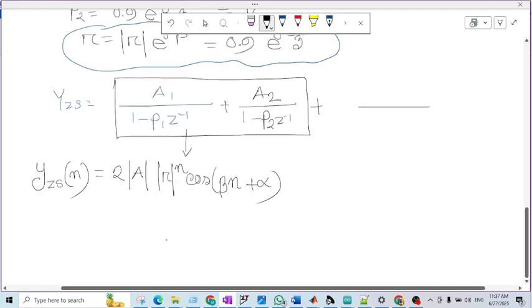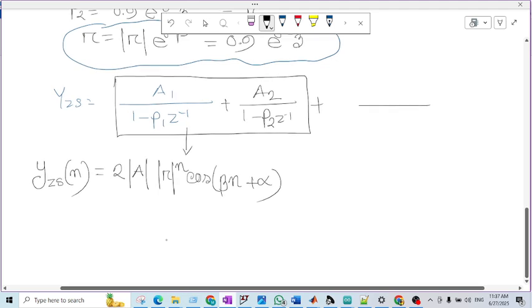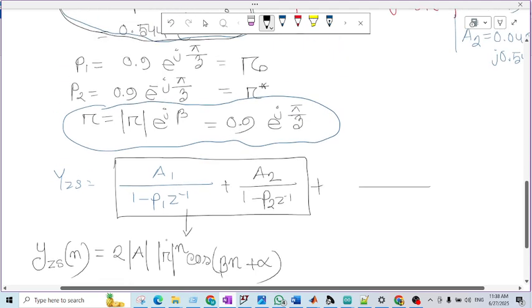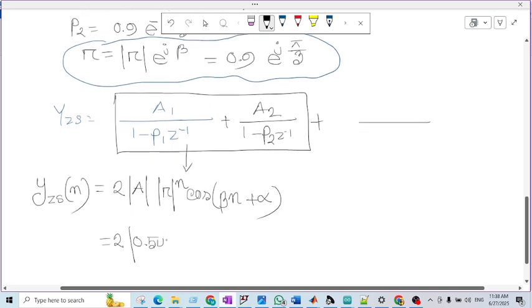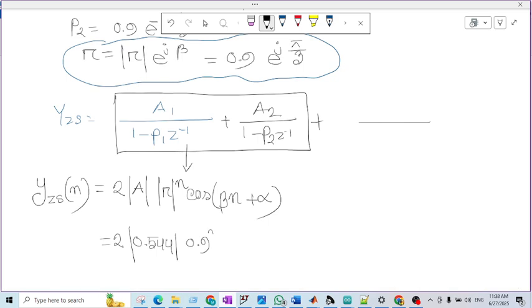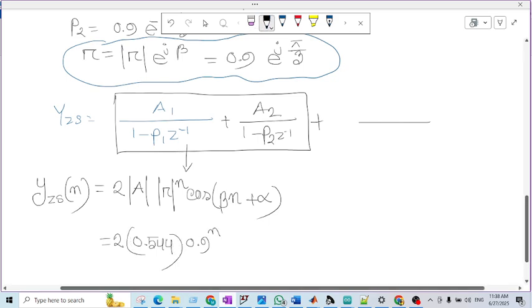So this is my formula, where A is equal to 0. The magnitude of A is 0.544, R is 0.9. Let's take the first bracket.